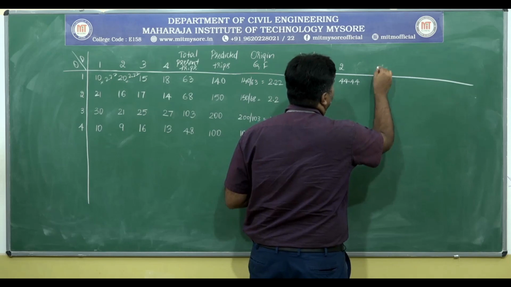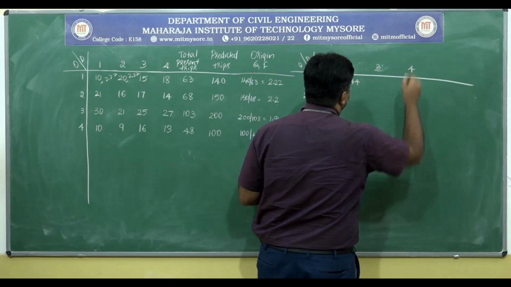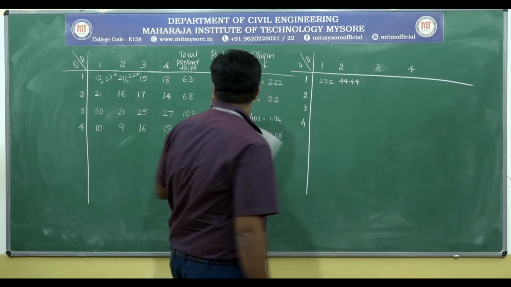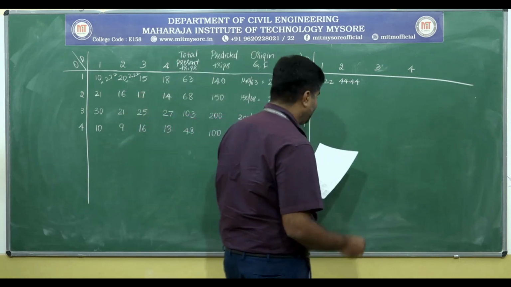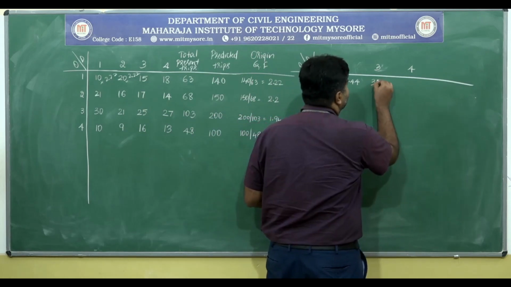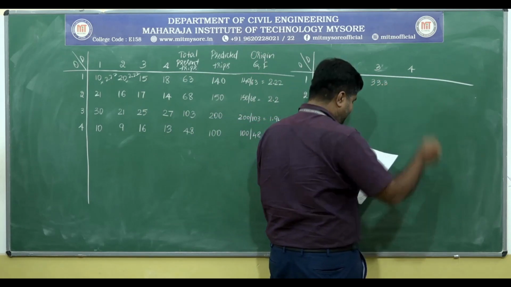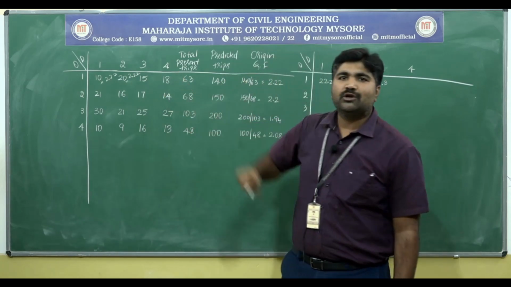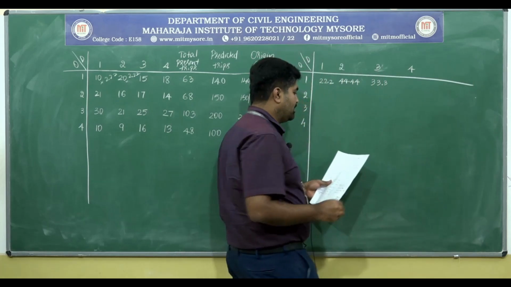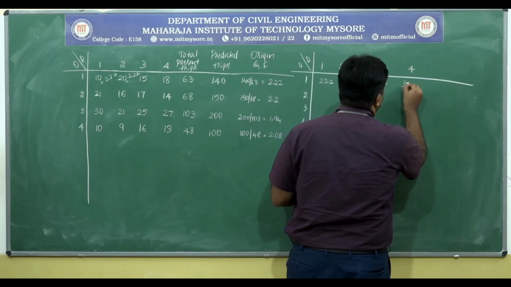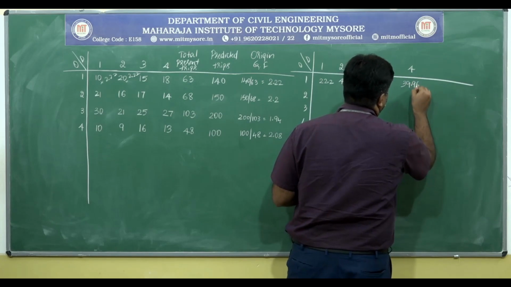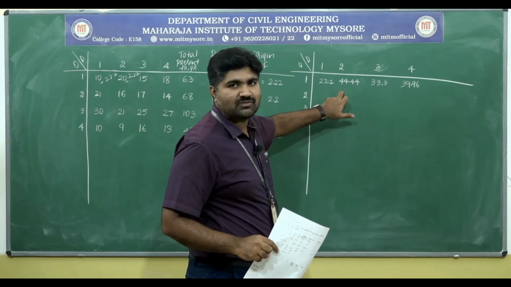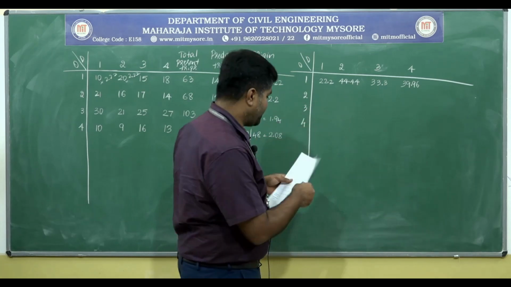Next, 2.22 into 15, you will get 33.3. Last, 2.22 into 18, you will get 39.96. Okay, you should check these values. Use the calculator. Check it fast.